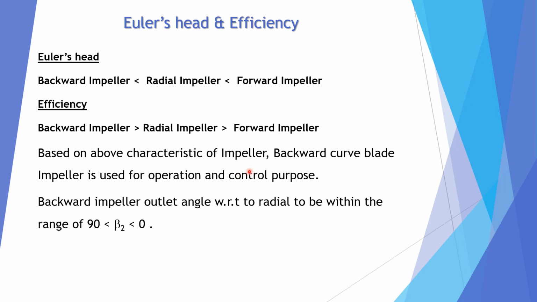So based on the above characteristics of impeller, since from the best efficiency point of view, the backward curved blade impeller is always used for operation and control purposes, and the beta 2 angle always lies between 0 to 90 degree for the backward impeller case.